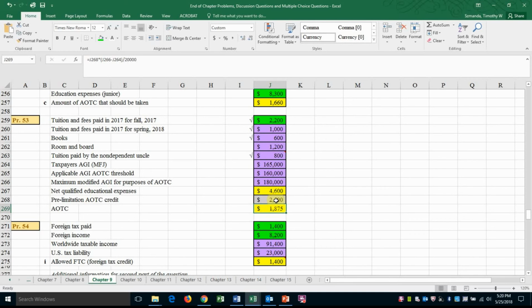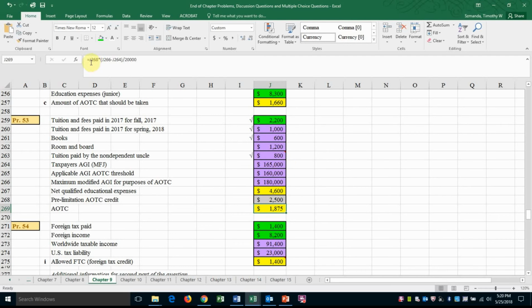And that allocation then will take the maximum above which the credit is completely eliminated. The 180,000 subtract the taxpayer's AGI of 165,000, and then divide that by that $20,000 denominator or range.